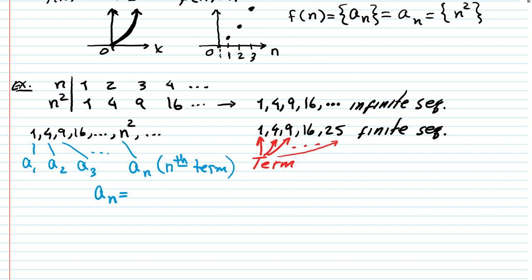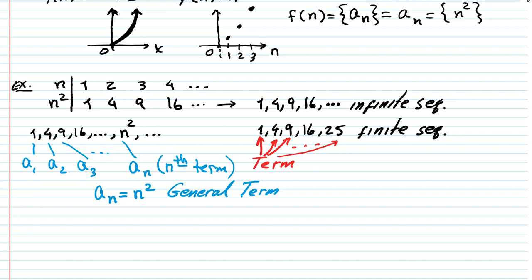So my nth term is the actual function that generates the sequence of outputs. The nth term is also called the general term.